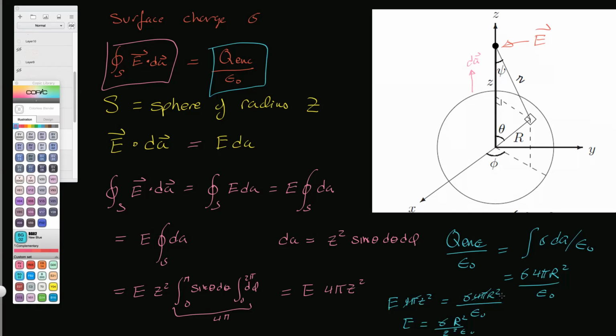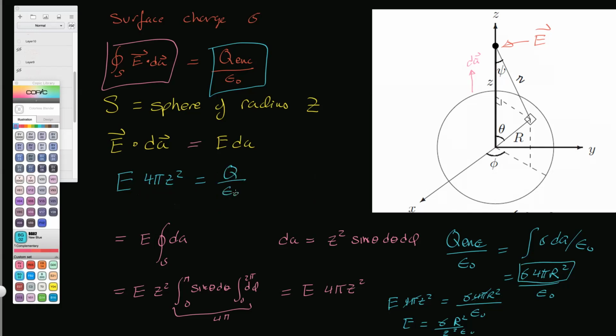Let me be a little more clear. I'm going to come up here and erase some of this. So we have E times 4 pi Z squared, and on this side, this is the total charge Q, so Q over epsilon naught.